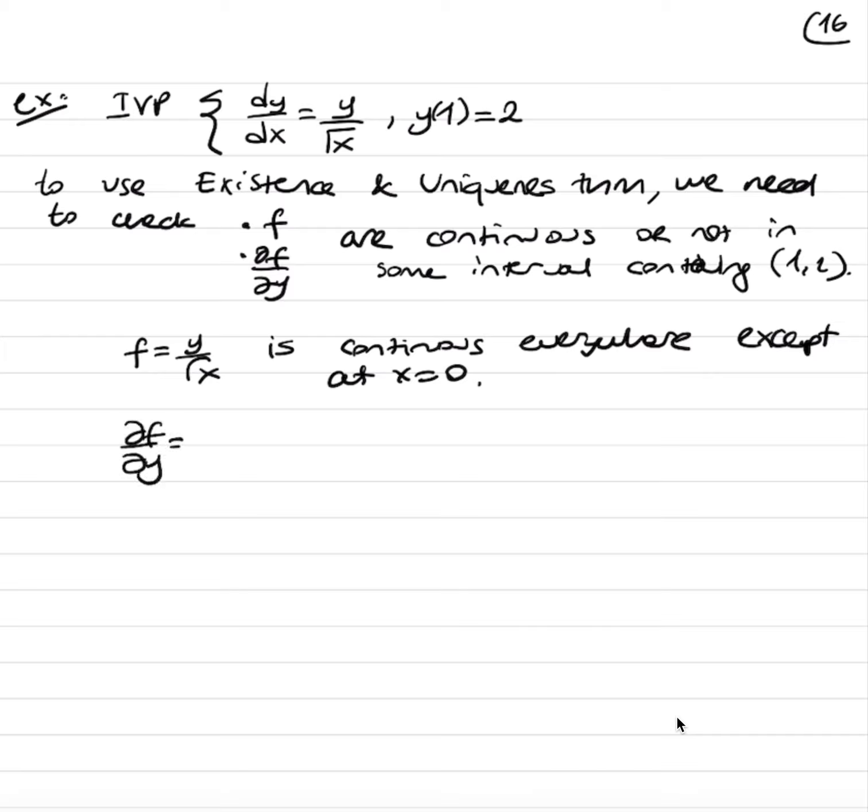What is the derivative of f with respect to y? We think of x as a constant, so this derivative is equal to 1 over square root of x. So this is also continuous everywhere except at x is equal to 0.